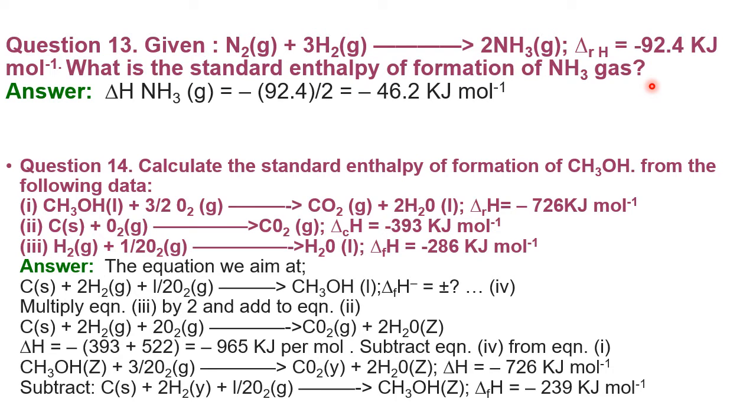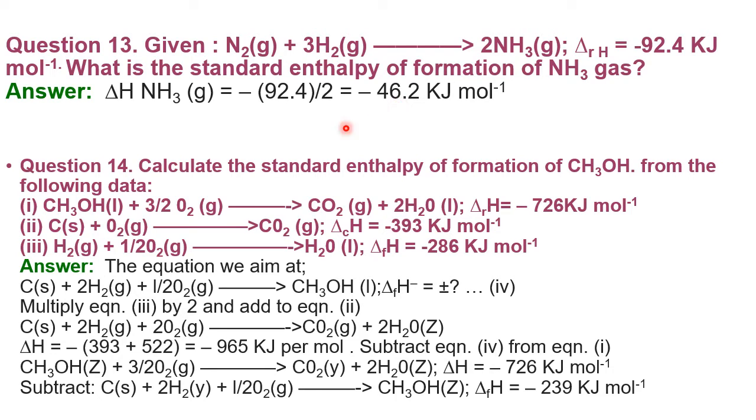But in the given reaction, 2 moles of ammonia is formed. So for 1 mole, it is half: minus 92.4 by 2 equals minus 46.2 kilojoules per mole, the enthalpy of formation of ammonia. This I repeated in the theory part.